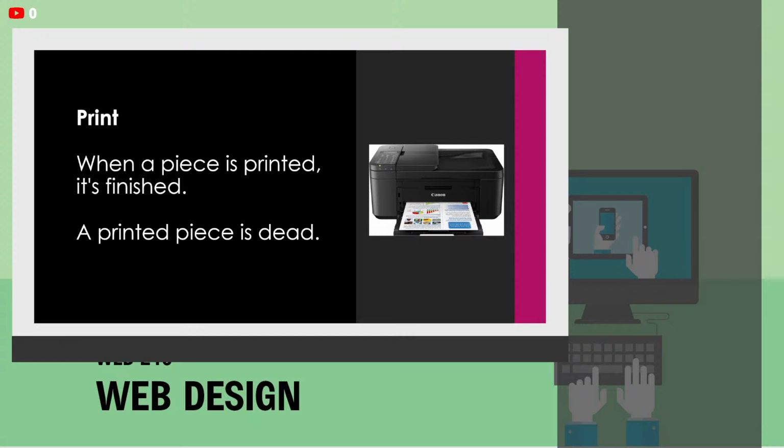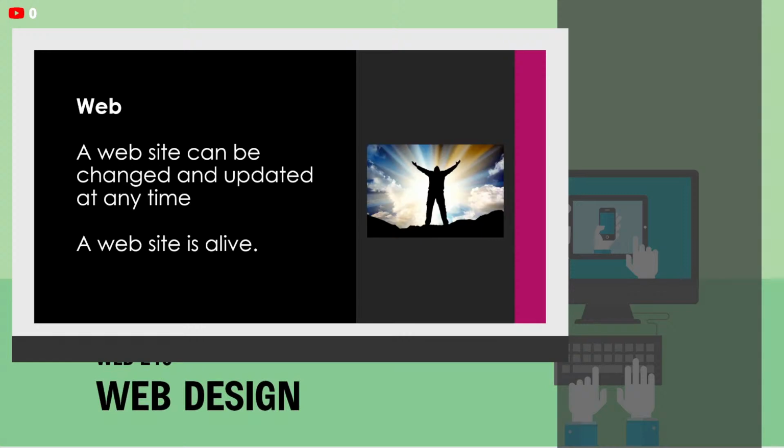If you want to change the content on that printed piece, you have to remake it, redesign it with the information on it, and have it reprinted at a high cost, right? But a website's different.